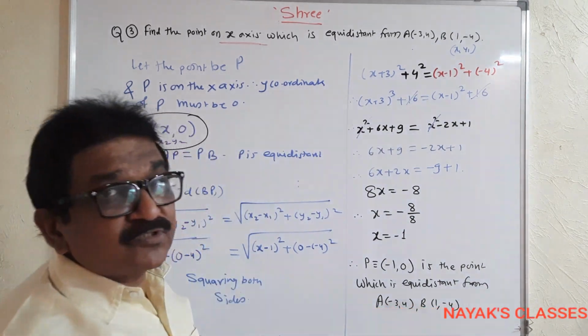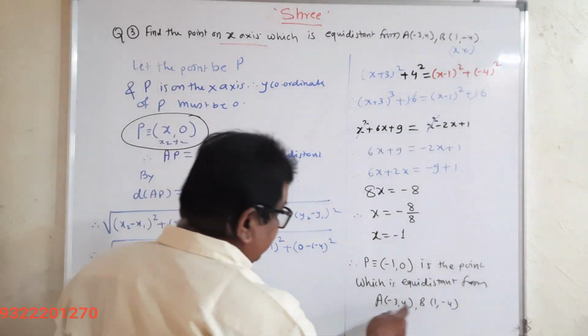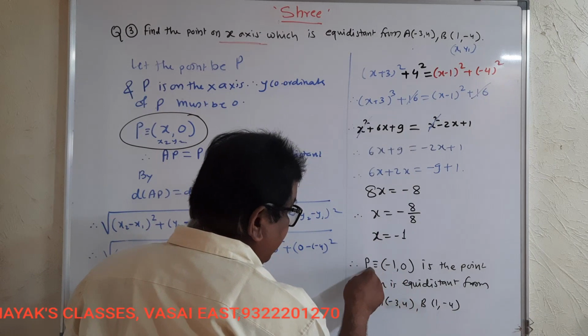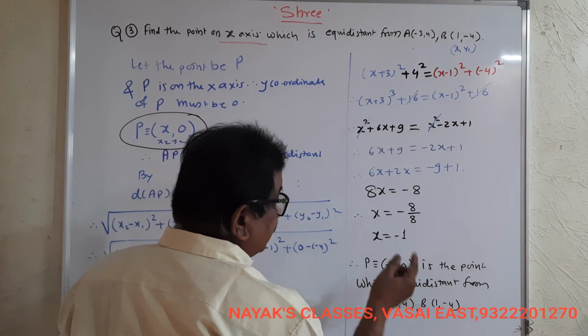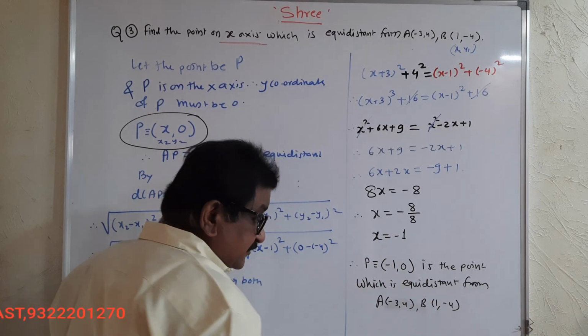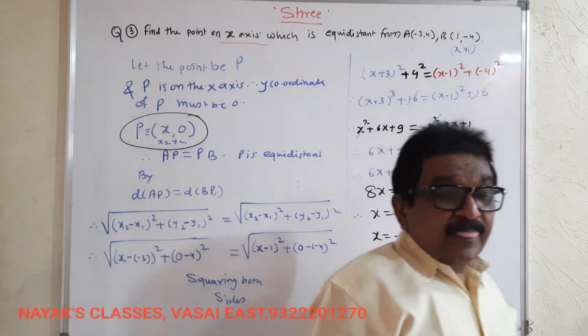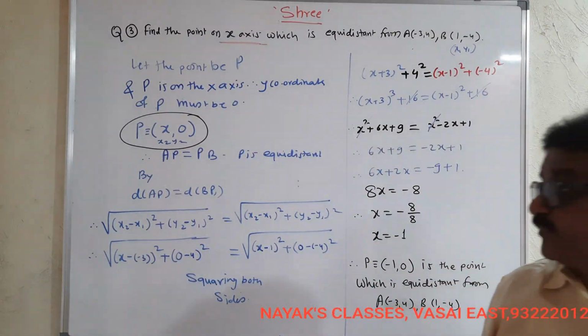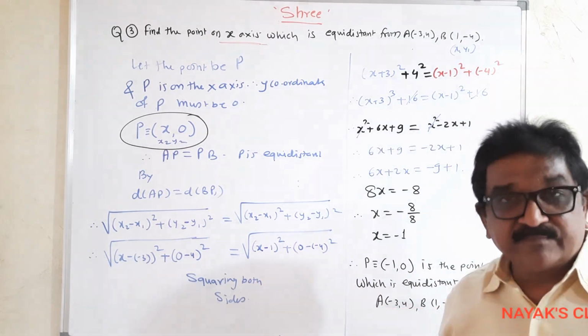This concludes the example. A and B are 2 points, and P (-1, 0) is equidistant from A and B. So this is the most expected example in your exam. Clear?